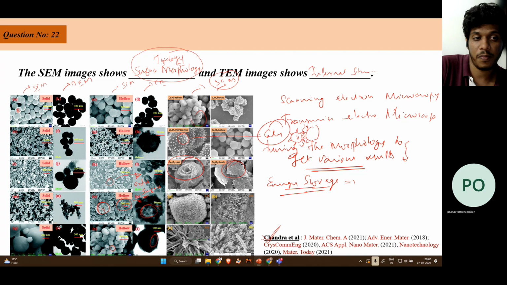So all this playing in the nanostructures can be imaged with SEM and TEM, and these images give us information about how the structure actually looks like in the nano or maybe in the micro scale. And these structures have huge impacts on their performance in various applications.